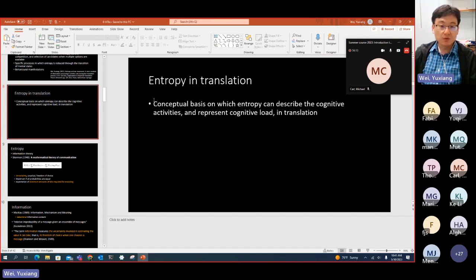I will review some of the theoretical assumptions and discuss the conceptual basis on which entropy can describe the mental process or the cognitive activities and represent cognitive load in translation. This will naturally lead to my second part of the talk, in which I have formulated two ways of quantifying this cognitive load from the entropy perspective.